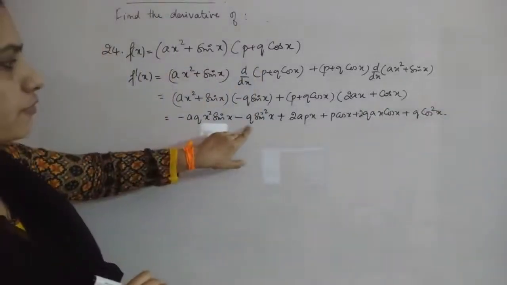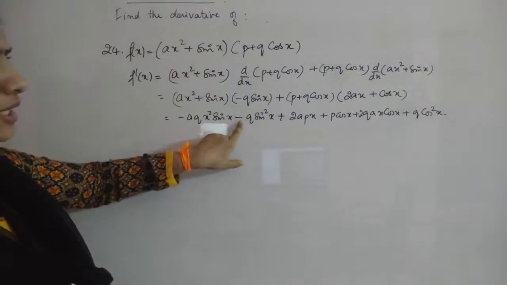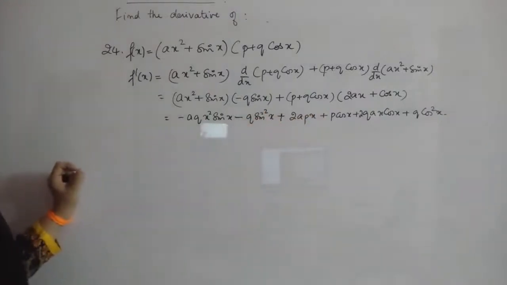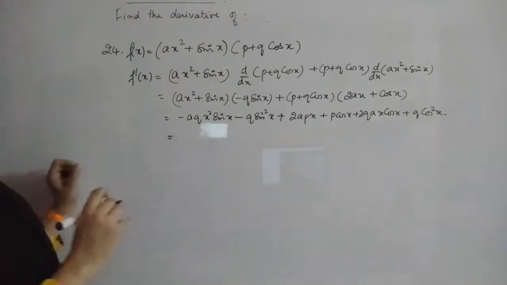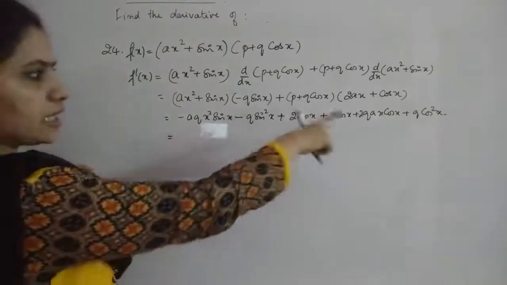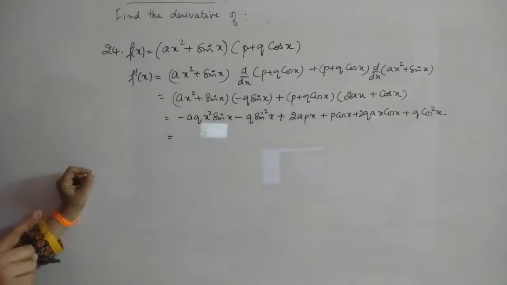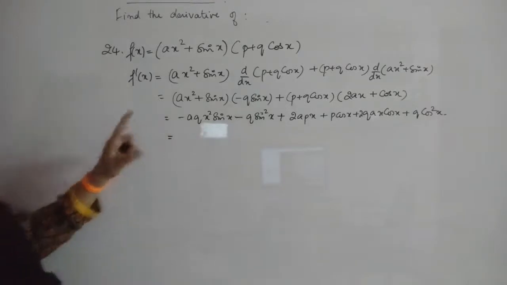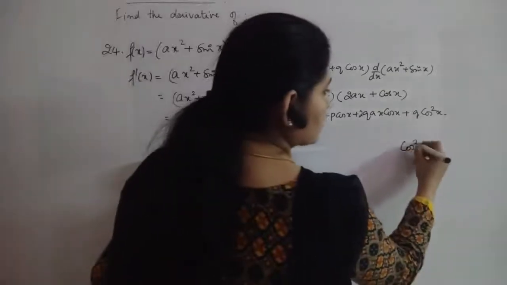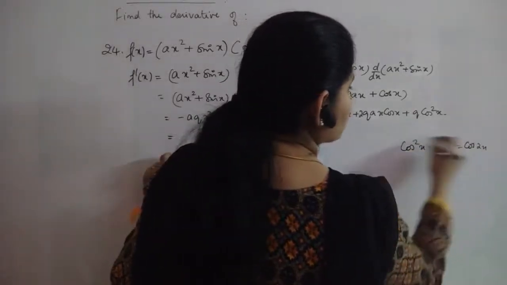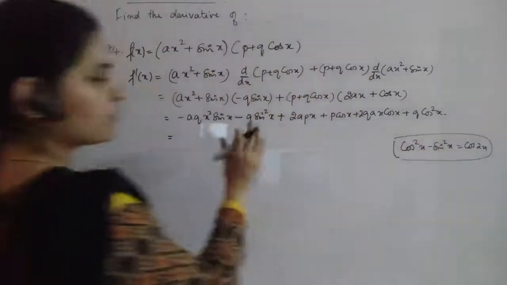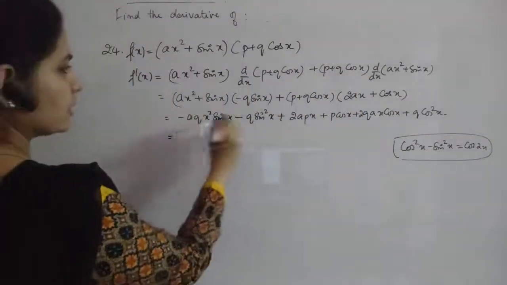Now here you have minus q sin square x and there you have q cos square x. So q can be taken out, but it is not actually 1, because here it is negative and there it is positive. Either you can use the property that cos square x minus sin square x is cos 2x. So that you can make. One term will be removed here.